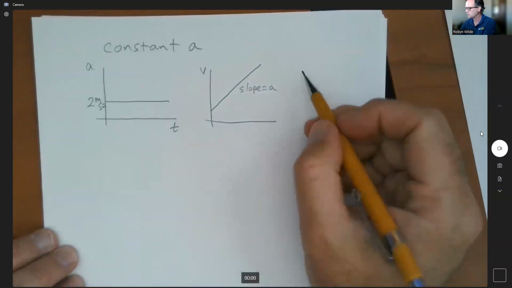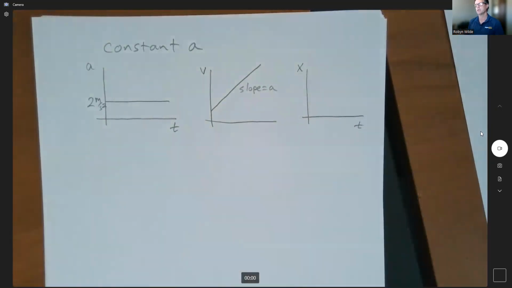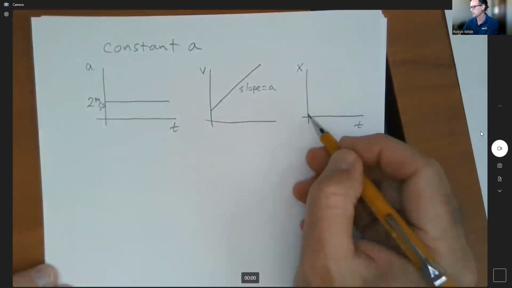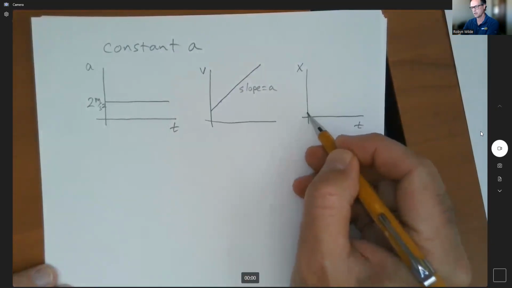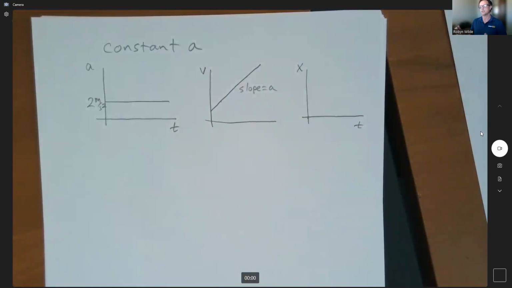All right. Now what about the position versus time graph? Now this is going to be different. It's not going to be a straight line because as we know, the slope of the position graph is the velocity, and that is changing. The slope is changing. So I'm going to start out with a position, I could start at whatever position, but let's say we start at 0.